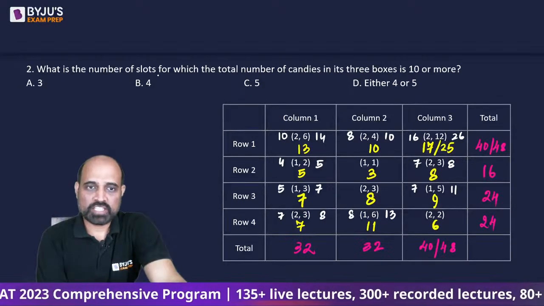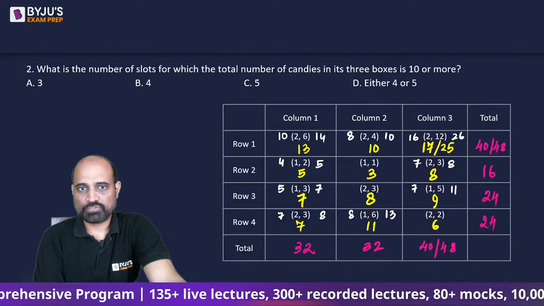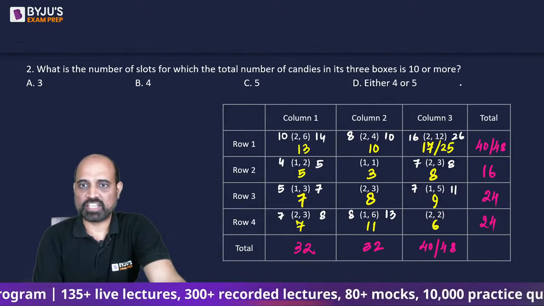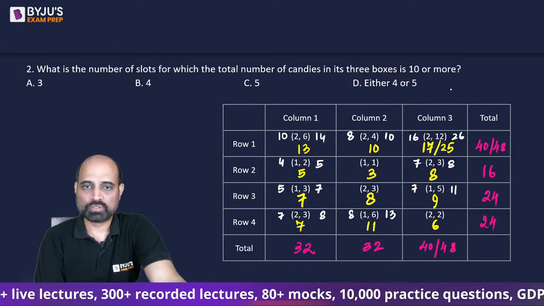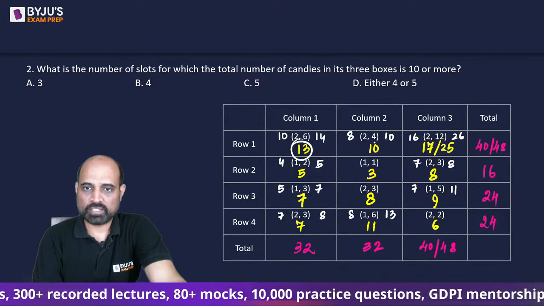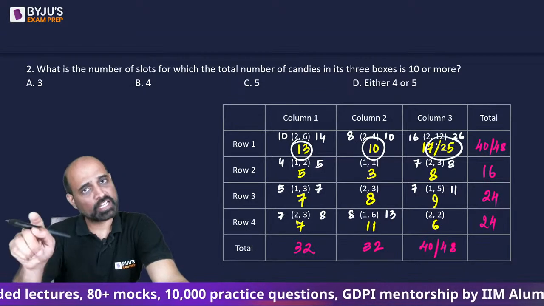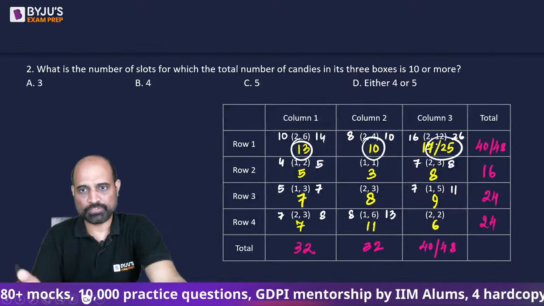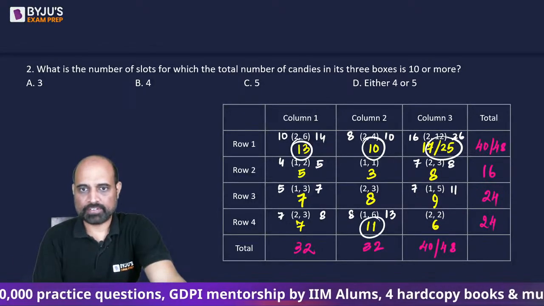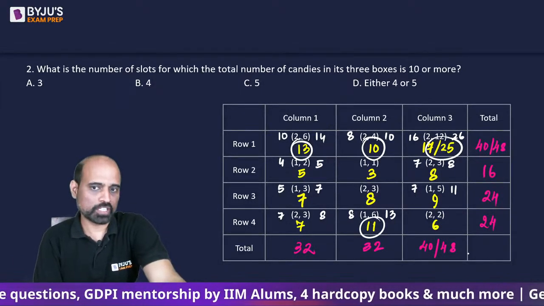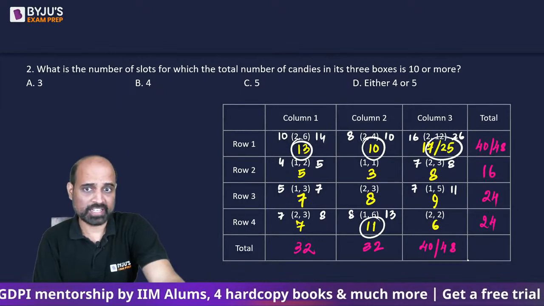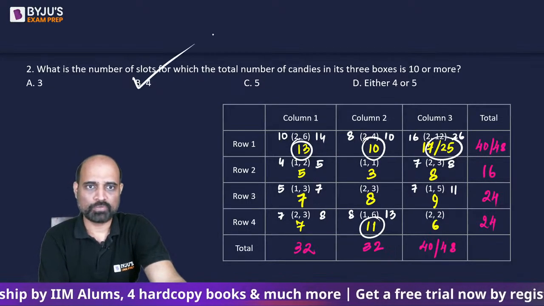Next is, what is the number of slots for which the total number of candies in the 3 boxes is 10 or more? So this is 1, 2, इधर भी होगा whether it is 17 or 25, and ये 1, 2, 3, 4. None of the other places we have 10 or more than 10 candies. So this is 4 overall, option B.